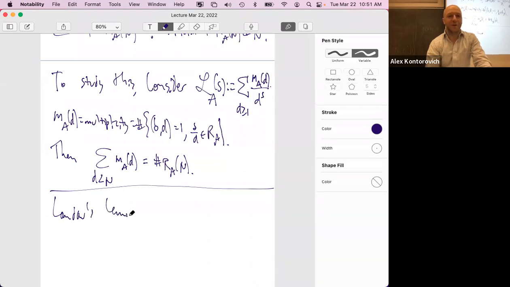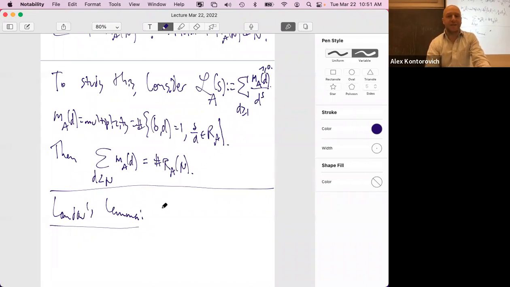Landau's lemma is very useful in all kinds of things, and it relates to arbitrary L functions, just Dirichlet series with non-negative coefficients. The key thing about all of these is that they're non-negative. The multiplicity could be 0, but it's not negative.